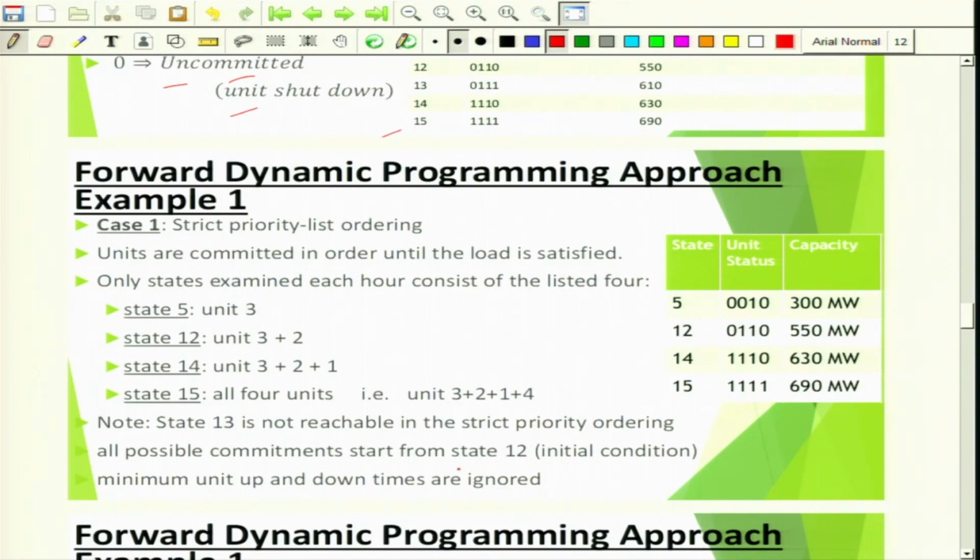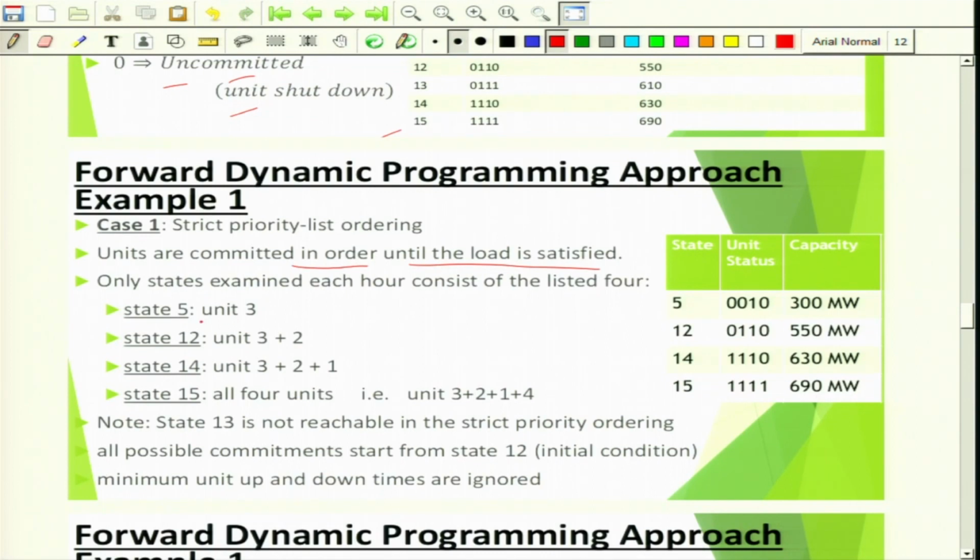Now, strict priority list ordering. Units are committed in order until the load is satisfied. The only states examined each hour consist of the listed 4. I told you we are interested in considering the combination of only 4 because it is a strict priority order list. So there are only 4 possible combinations included because there are n generators, n is equal to 4 here.